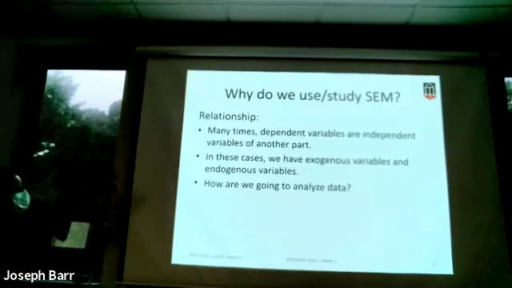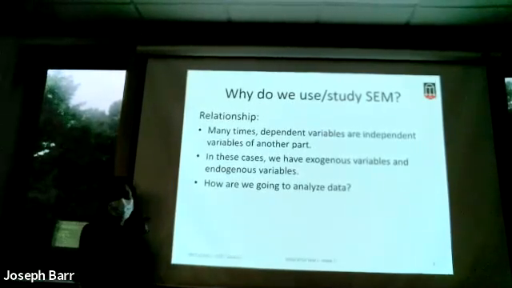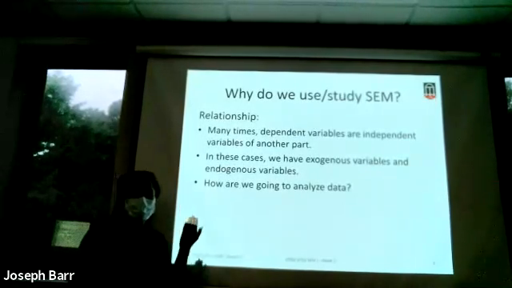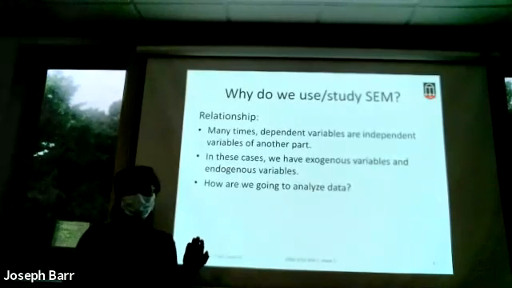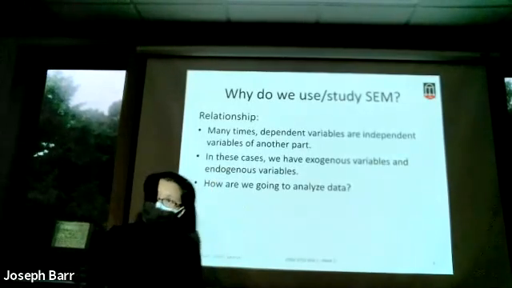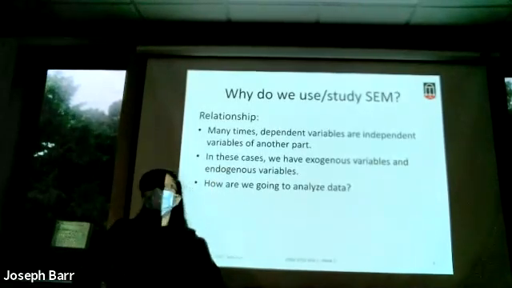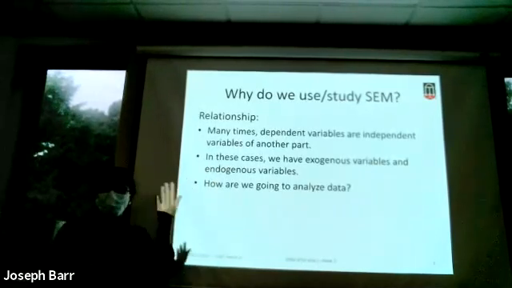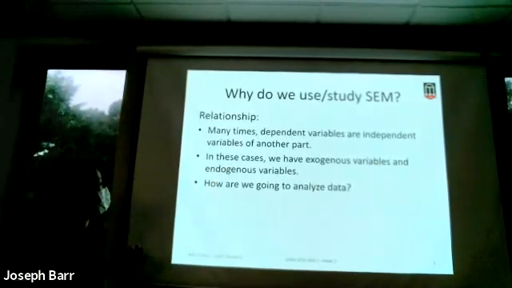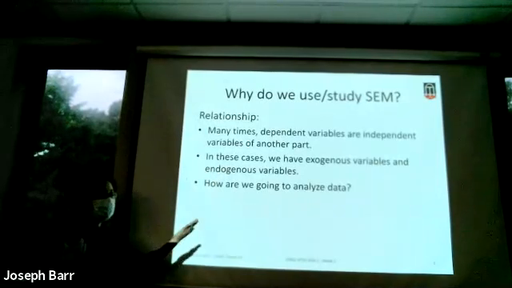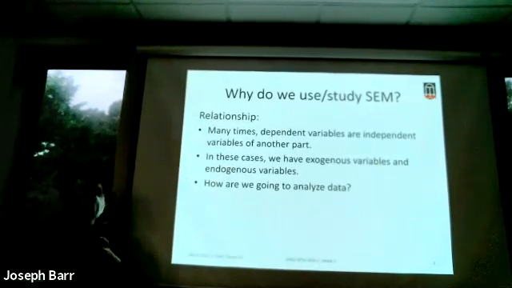Also, look at the relationship. As I mentioned, in linear regression the relationship between variables is quite simple. We have independent variables, also called predictors or causal variables, and we have dependent variables. The independent variable is going to cause the dependent variable.